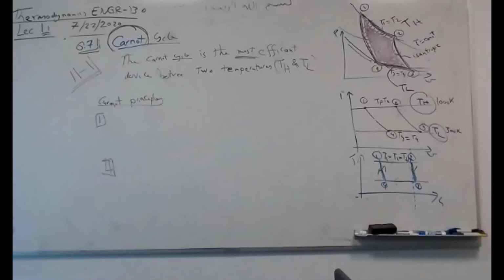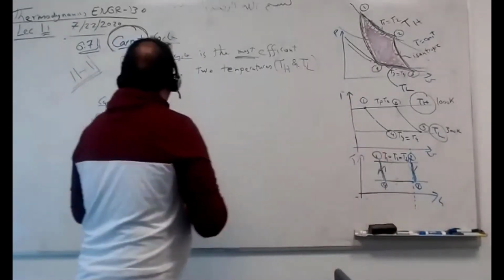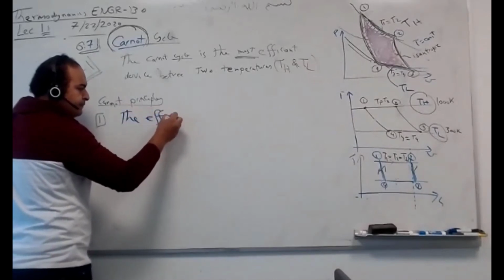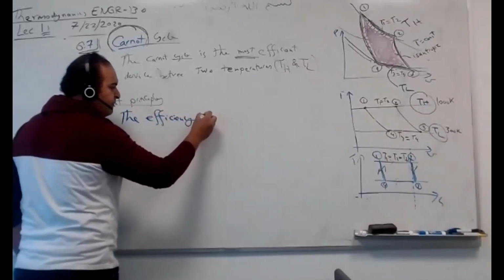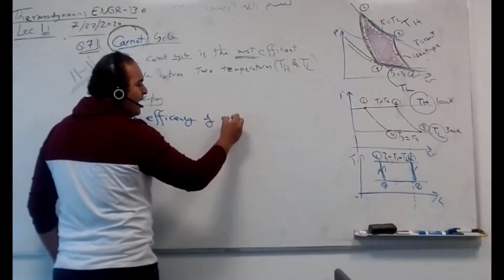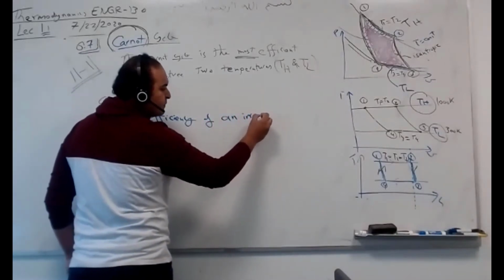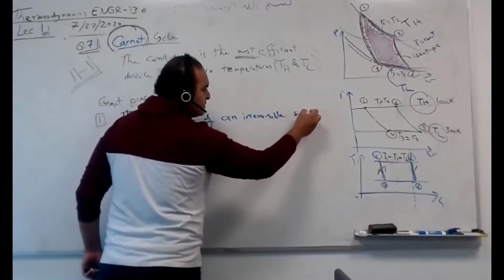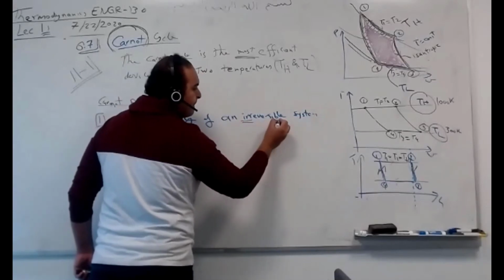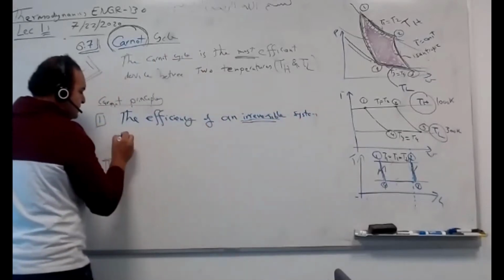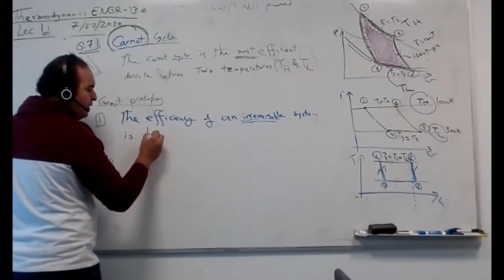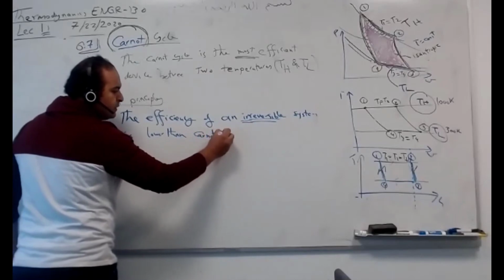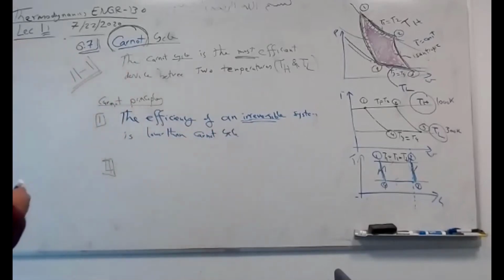The efficiency of an irreversible cycle or system or device is lower than the Carnot cycle. So the Carnot cycle is reversible.